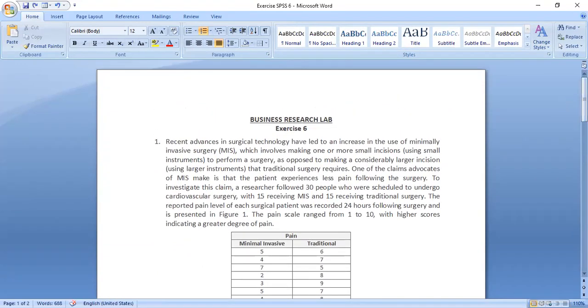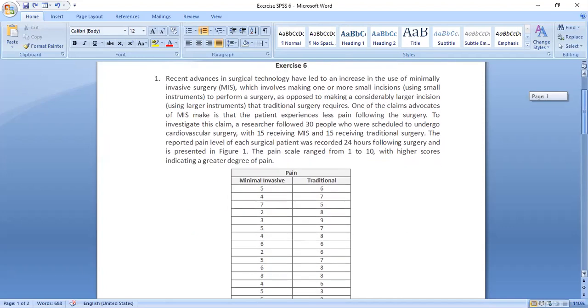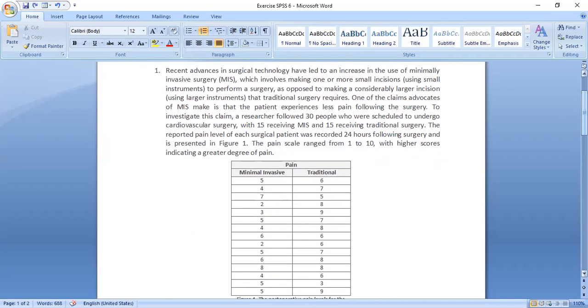So moving to this question on independent sample t-test, question 1. So let's read the question. Recent advances in surgical technology have led to an increase in the use of minimally invasive surgery, MIS, which involves making one or more small incisions using small instruments to perform surgery as opposed to making considerably large incisions using larger instruments that traditional surgery requires.